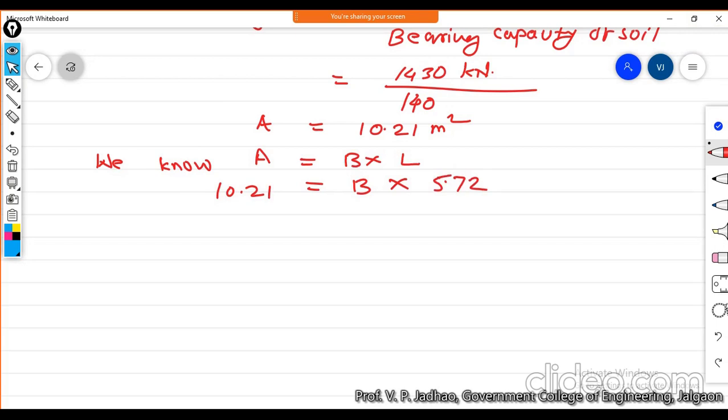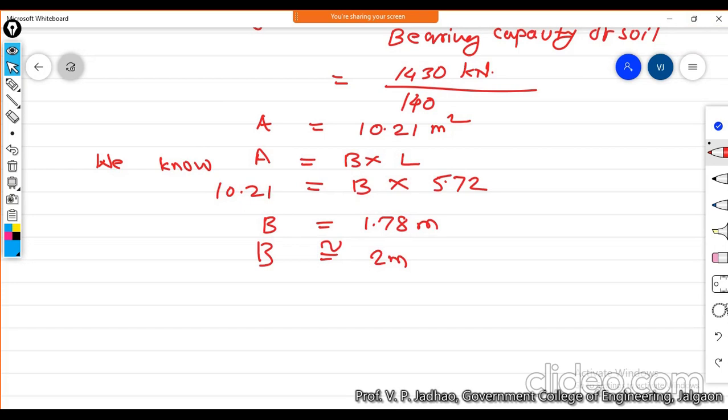Therefore, the width of our footing is equal to 1.78 meter. Let us consider this approximately 2 meter. So this is how we calculate the width of our footing.